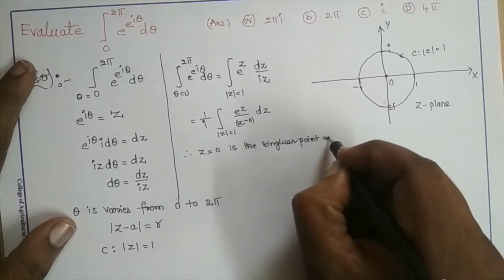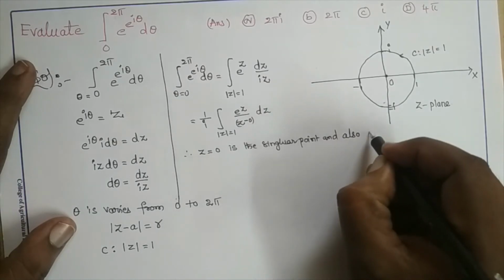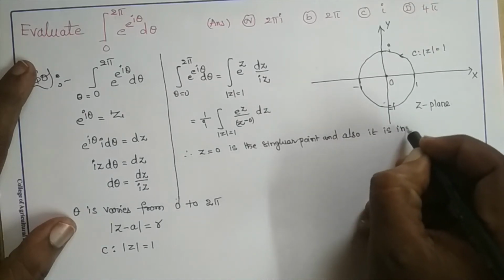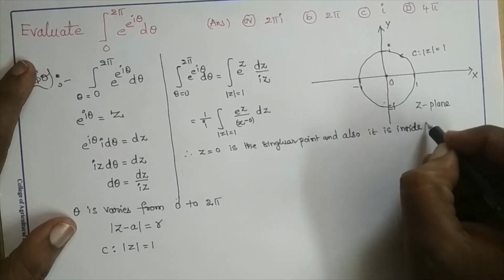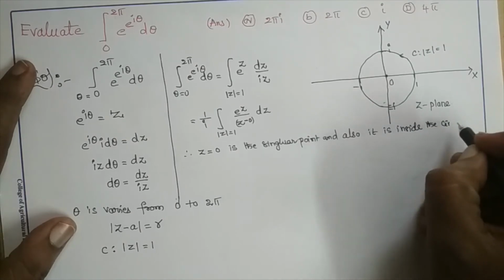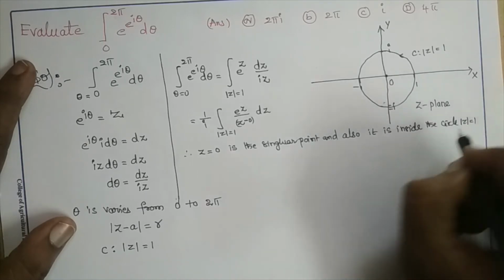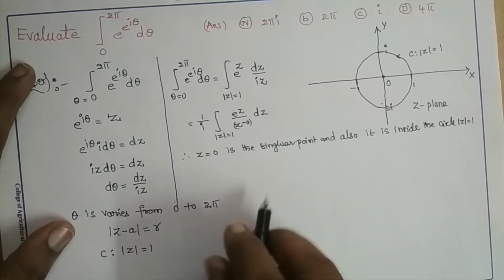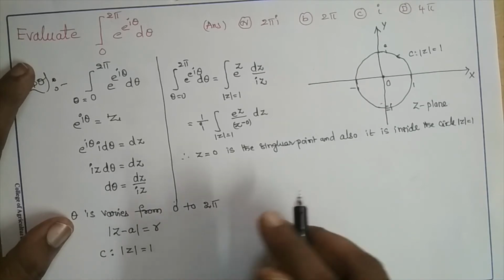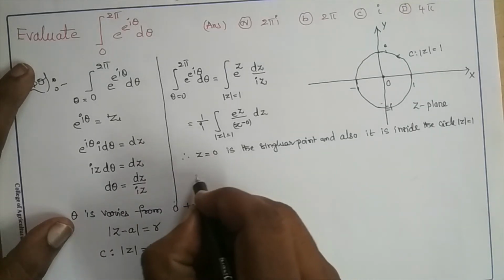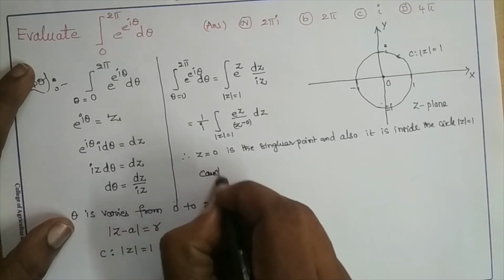and it is inside the circle mod z is equal to 1. So now we are going to apply the Cauchy integral formula, which we should remember.